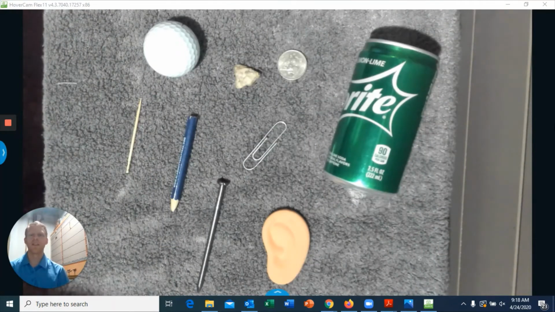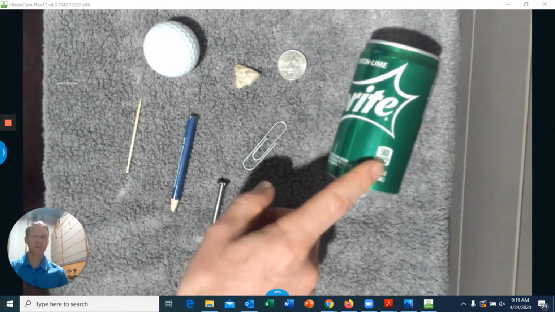So I've collected these objects to use for our investigation on classifying matter. We have a soda can.